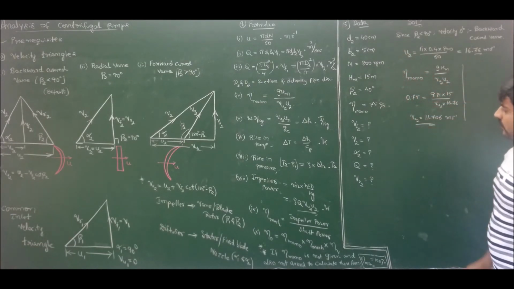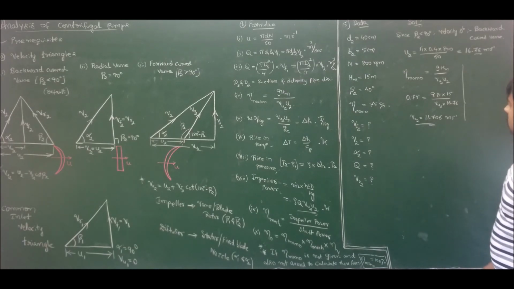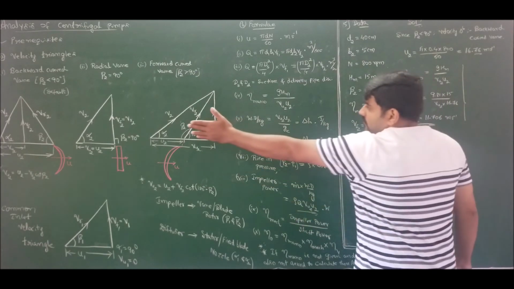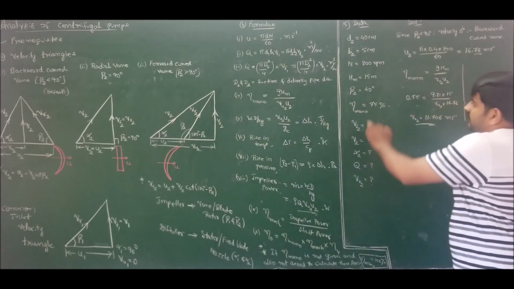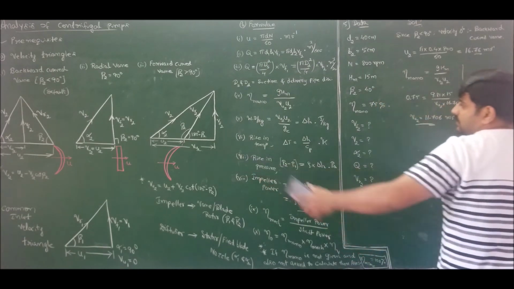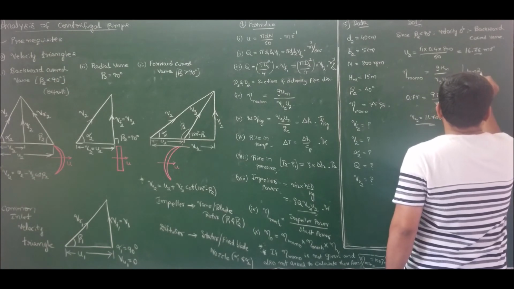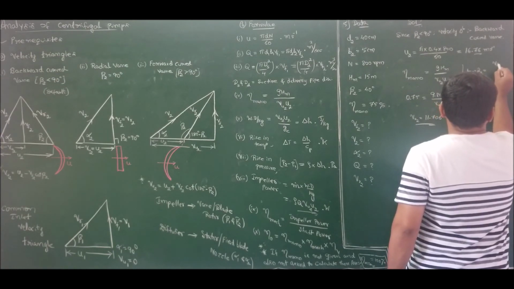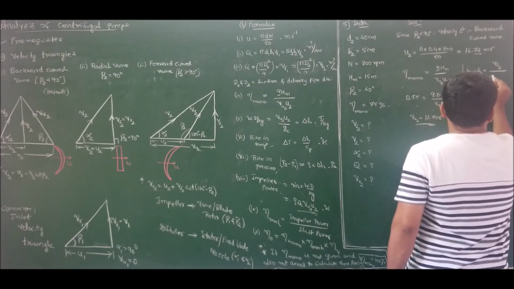Also I know the value of D2, B2, but I don't know the value of VF2 to find the discharge. He is asking to find the value of VF2, but we know the value of U2, VU2 and beta 2. Beta 2 is specified for us, so I can find the value of VF2 easily just by using tan beta 2. Tan beta 2 is VF2 divided by U2 minus VU2.